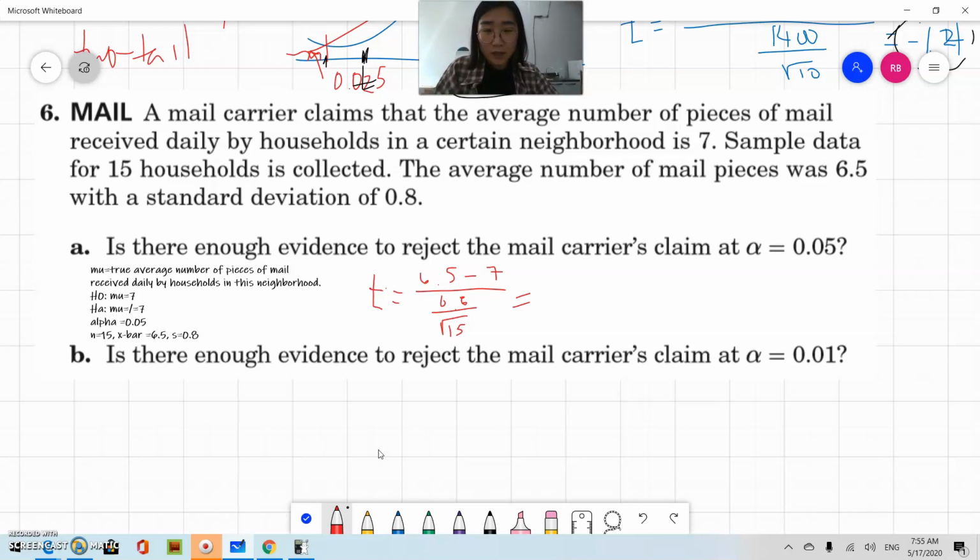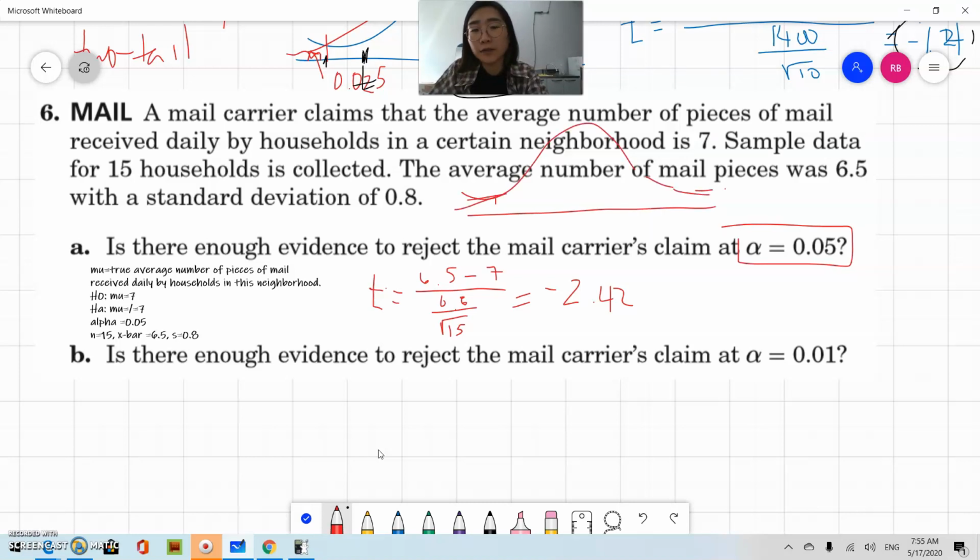If I do that, I get, I don't know if this is correct. It's a negative 2.42. All right, so we need to compare that with the value that will give me area of the two-tailed test of 0.05, meaning that this has to be 0.025 in the area.